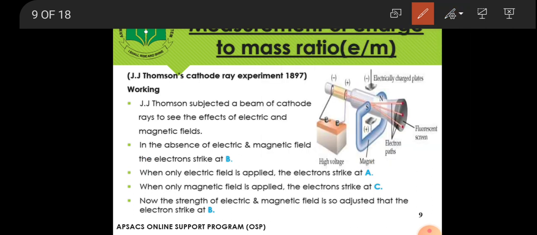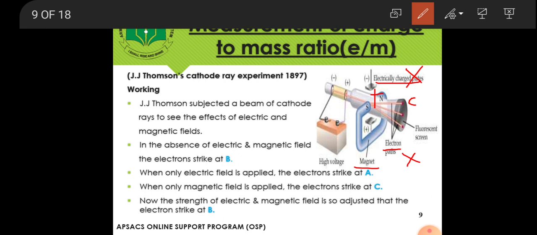Now when the electric field is off and the magnetic field is applied, we can see that the electrons strike at point C, that is, the cathode rays move towards the north pole of the magnet.